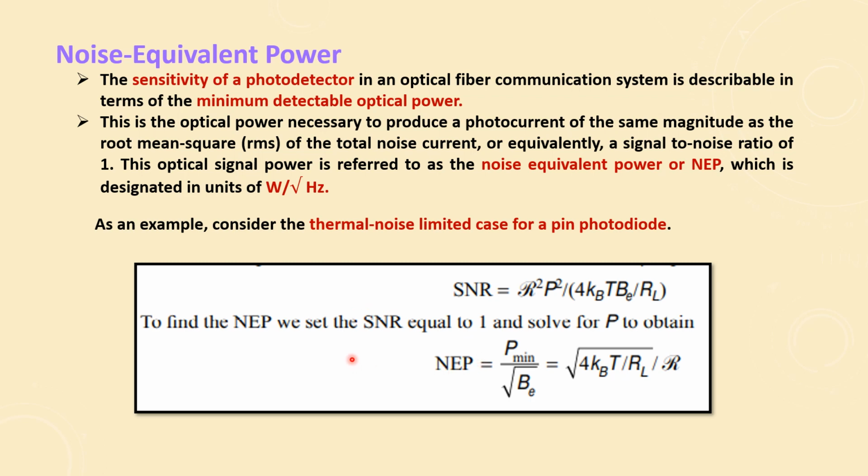The main purpose of noise equivalent power is to find the sensitivity of the photodetector. It is the minimum detectable optical power of any photodetector, and that is called noise equivalent power. That can be calculated using this formula. So this is also one of the parameters for the photodetector.